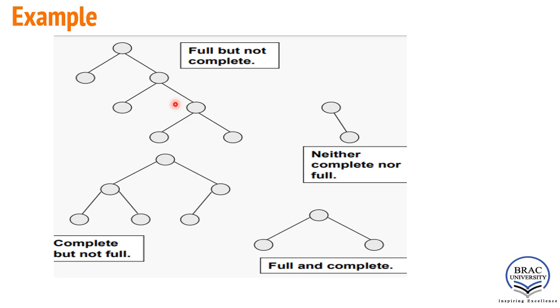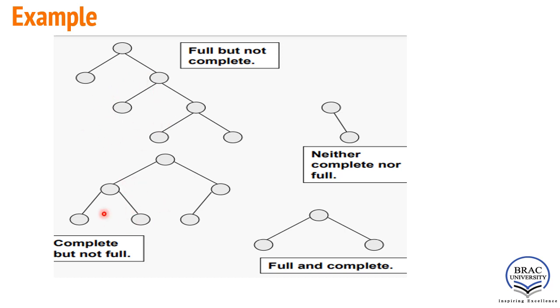So this is a full binary tree, but it is not a complete binary tree, because according to the definition, for a tree of n levels, where for this tree n is 4, the n minus 1 levels must have all the nodes full, and the last level, the n-th level, must be filled from left to right. Then we can call the tree a complete binary tree.